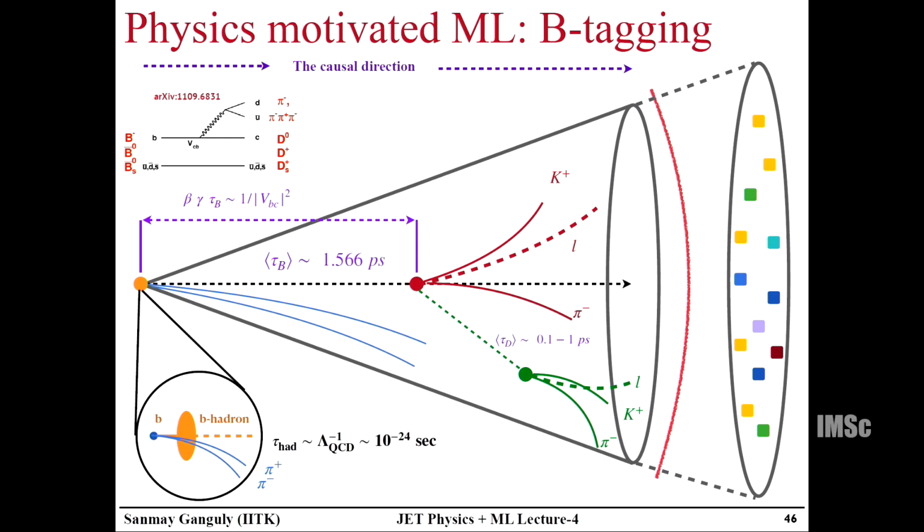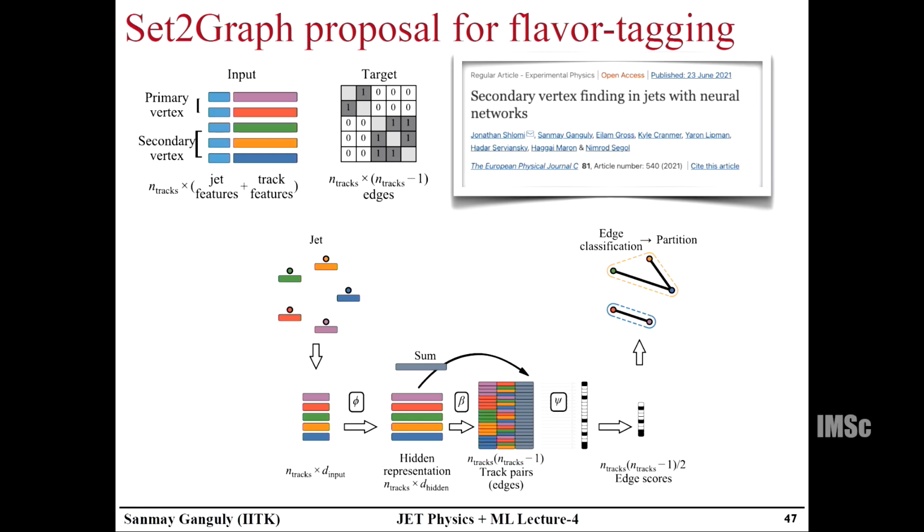Roughly, the hadronization time scale is 1 over Lambda QCD, and what we measure are the calorimeter energy deposits. So we have to set up something to do that, and we did that. We built a graph neural network to figure out whether or not there exists a secondary vertex inside a jet. Okay, and that was cool stuff for me.